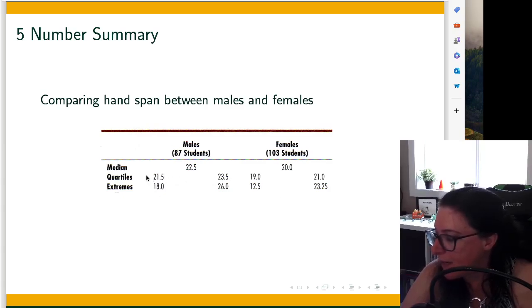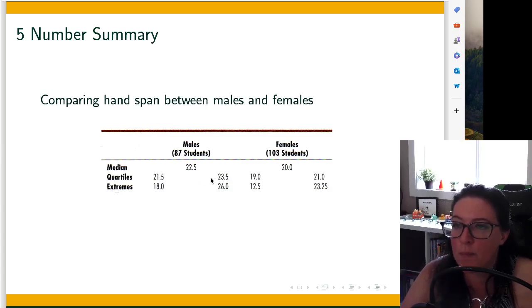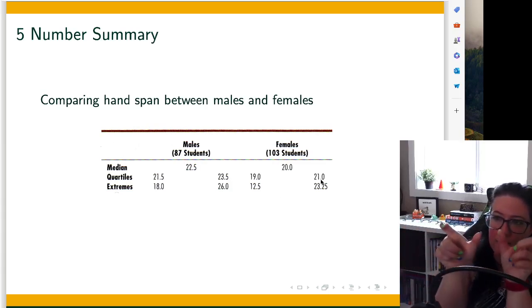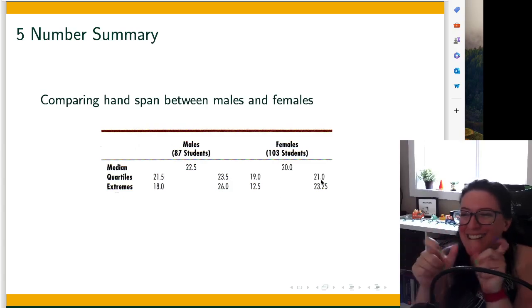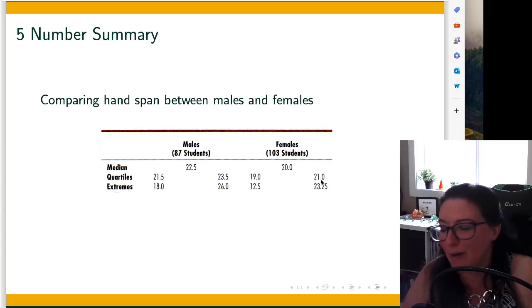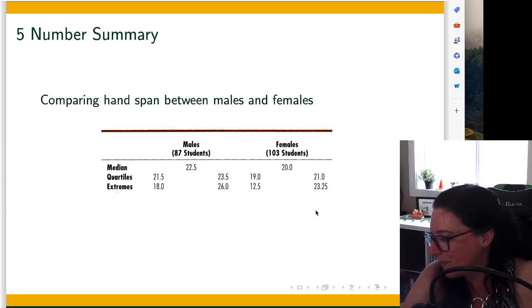And you can see even that the middle 50% for males starts at 21.5 and the middle 50% for females is below that. So that middle 50% for males and females don't even overlap, in terms of that distribution between male and female hand sizes.